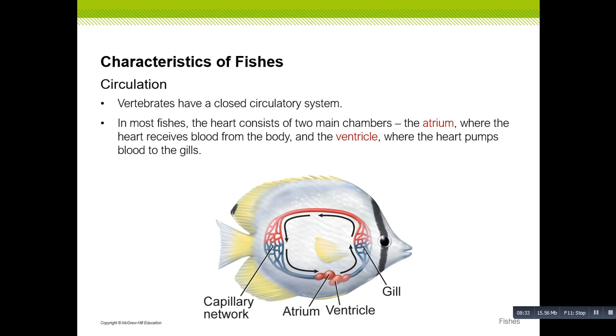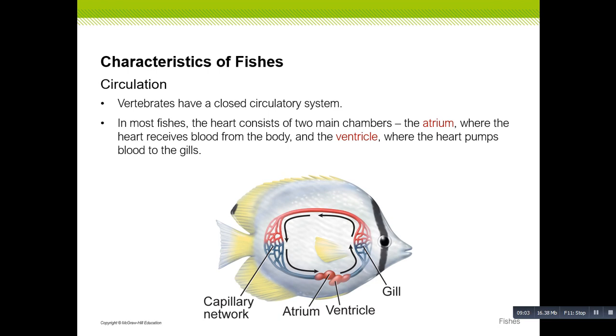We have 2 atriums and 2 ventricles. In most fishes, the heart consists of 2 main chambers, 1 atrium and 1 ventricle. Just like the human heart, the atrium is where the heart receives blood from the body, and the ventricle is where the heart pumps blood to the gills.